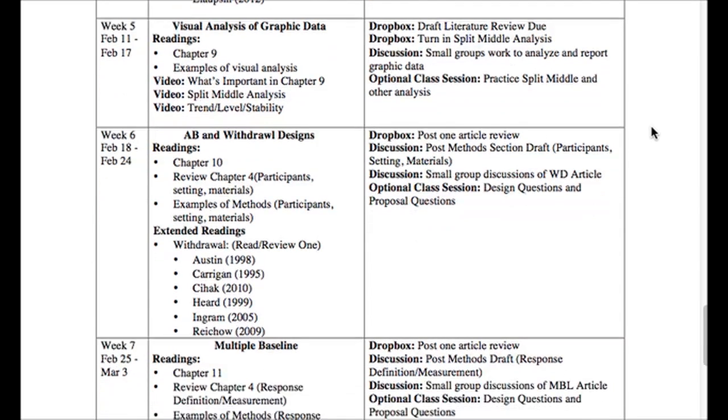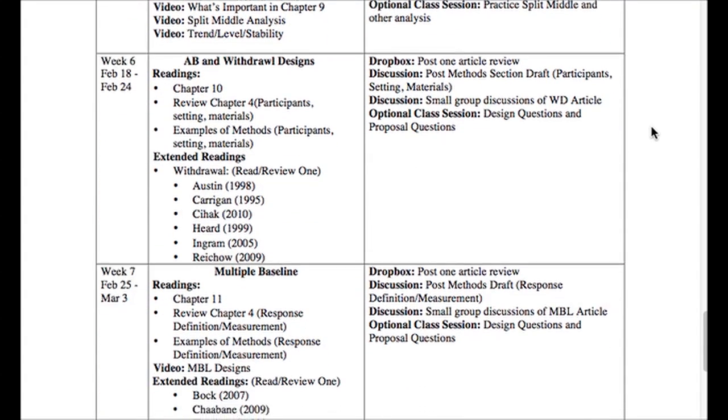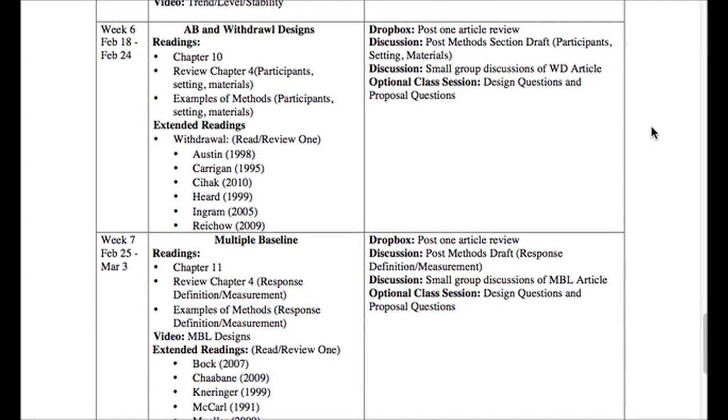The sixth week is when we start looking at the various formats of single subject design. The first we'll look at are the A, B, and withdrawal designs. When we do start these individual designs, there will be a list of possible articles for you to read, and during each week you'll read one of those.